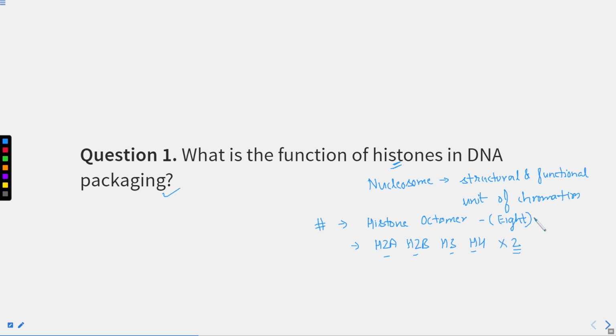That's how 8 histones are present and it forms a histone octamer. Around these histones, DNA is coiled. So the first part was the histone octamer, and the second part is the DNA which is coiled on these histones.